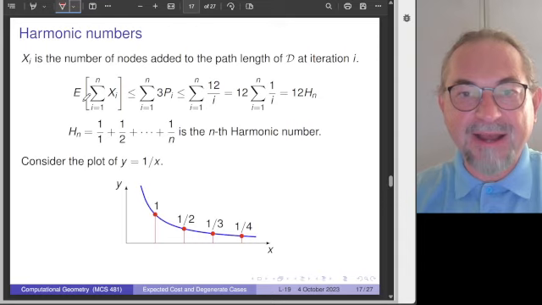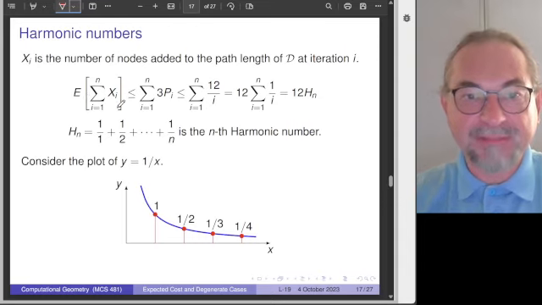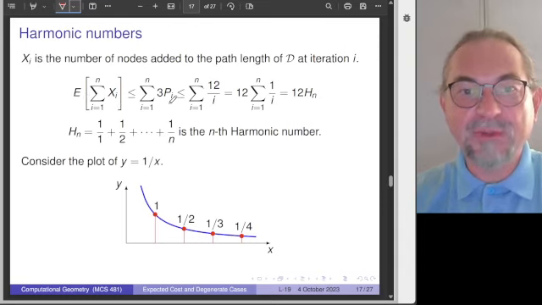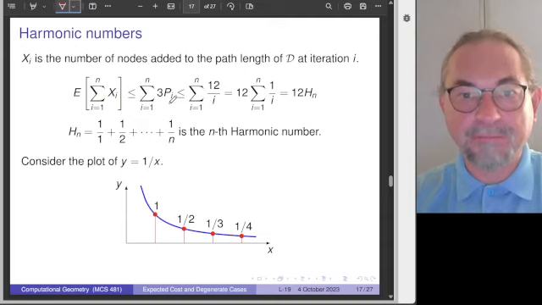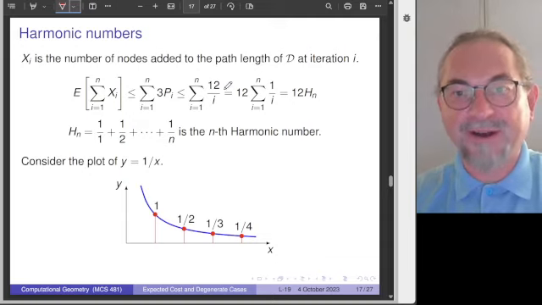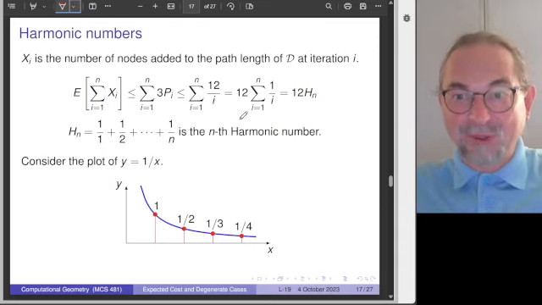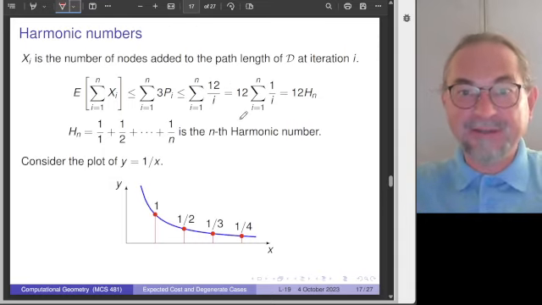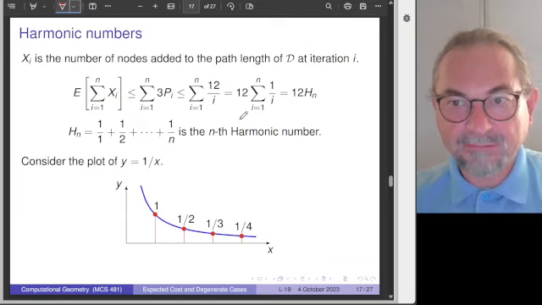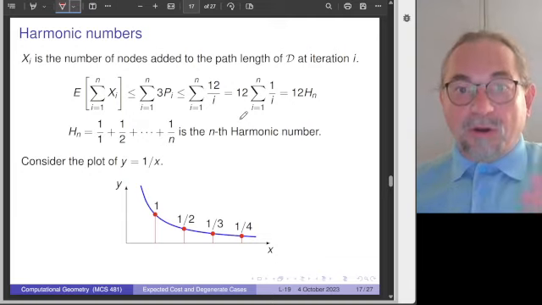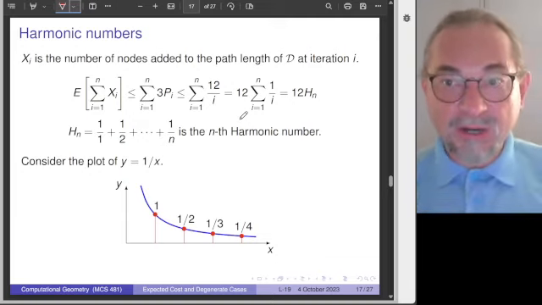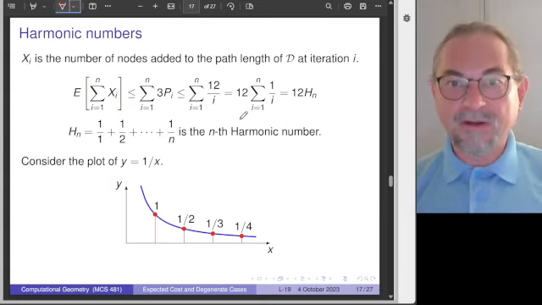The expected value of the sum is the sum of the expected values, and we have this 3 over pi, and pi is bounded by 4 over I, and this is where the number 12 comes in as 3 times 4. Okay, so this gives us 12 times the sum over 1 over I.